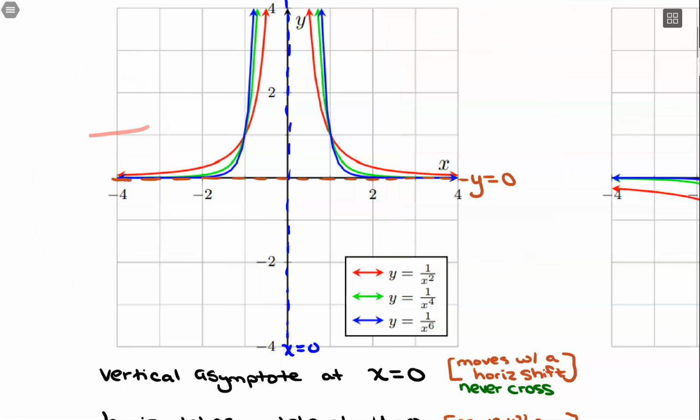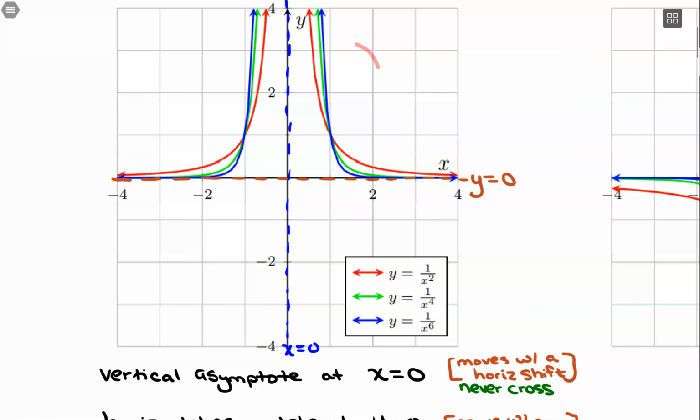And what we can see is when x is out at negative infinity, our function is getting closer and closer to y equals 0. So that horizontal asymptote is defining the relationship out at negative infinity as well as positive infinity. Our function is getting closer and closer to 0.